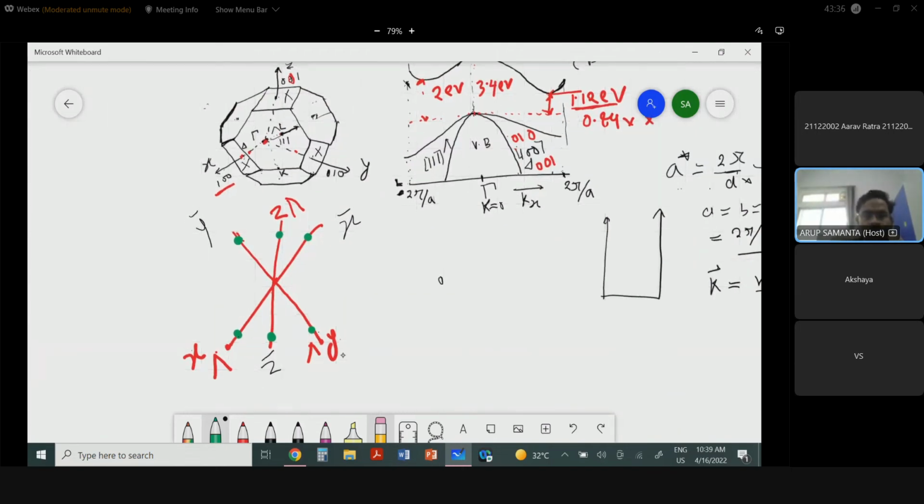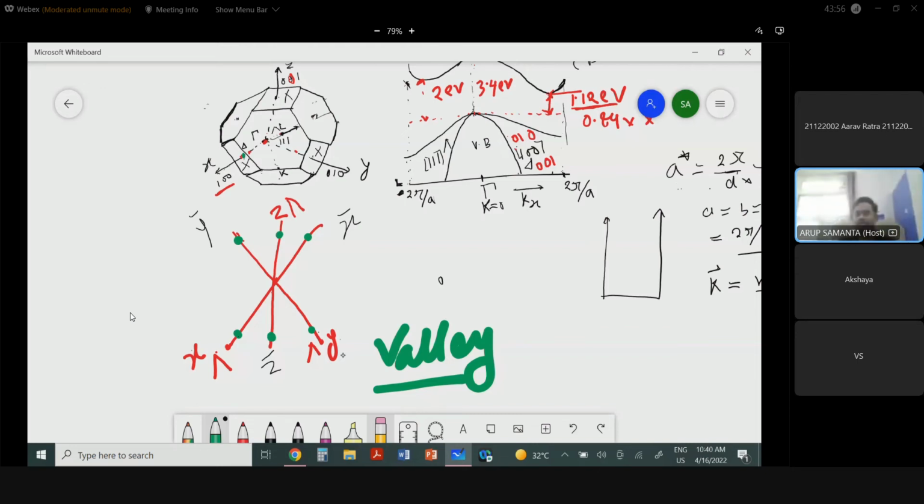This point has 6. Each of these points we call a valley. These are valley points, so you have 6 equal valleys. All six have the same energy, 1.12 electron volt with respect to the top of the maxima of the valence band.